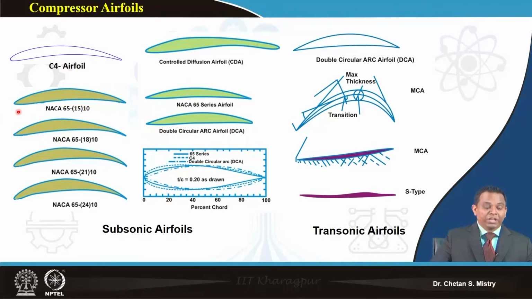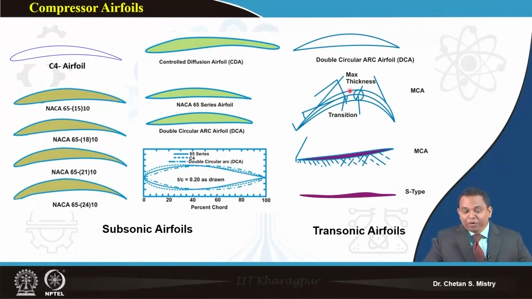If I use a subsonic aerofoil for supersonic or transonic flow, a bow shock will form. That is undesirable, because the flow physics downstream of the bow shock does not favor the reason we are using these aerofoils.